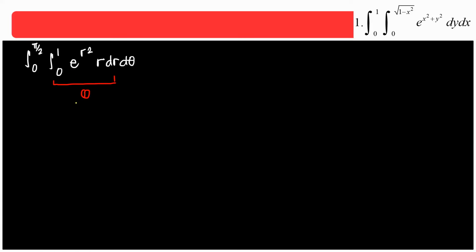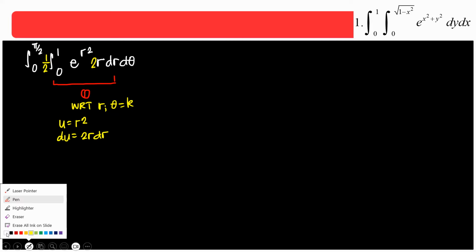For the first one, it's with respect to r. So that means any other variables should be considered as a constant. So for the u, r squared, the du is 2r dr. So we already have the r dr here. All we need is 2. We need a 1/2. So it's integrable.